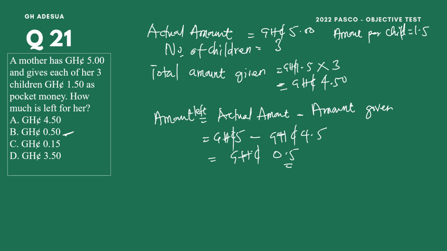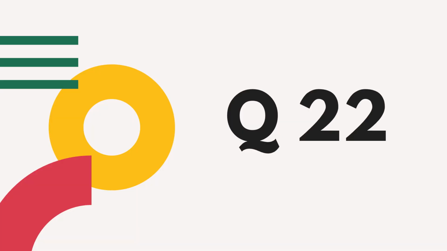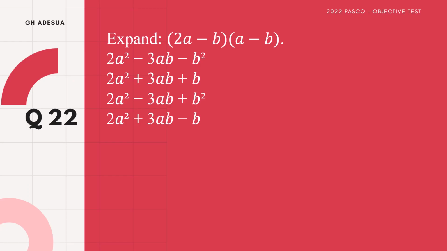Now we'll move on to question 22. It says expand the bracket 2a minus b, and then another bracket a minus b, with the options below.